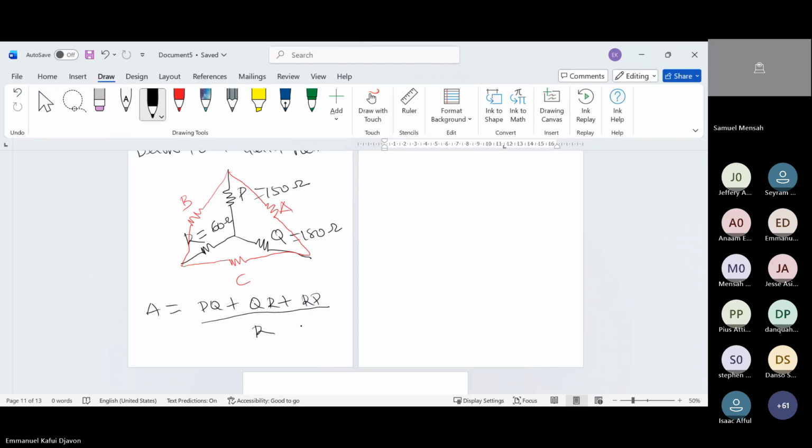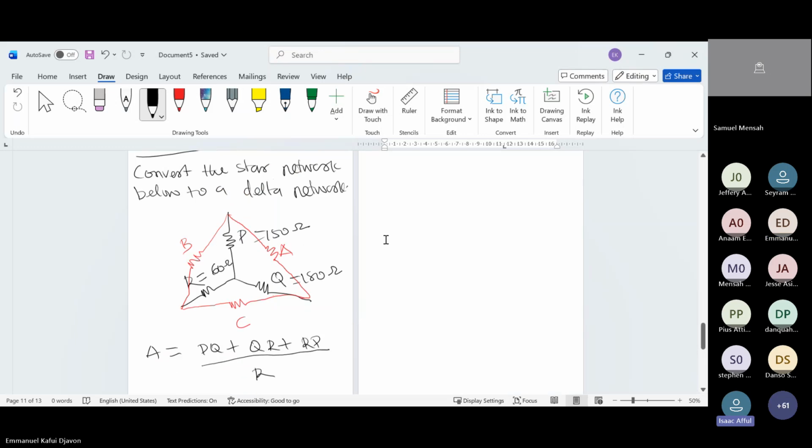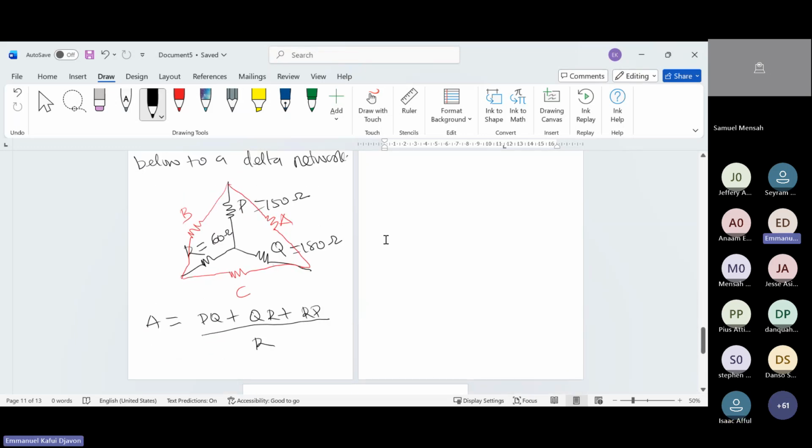Yes. Then you can choose to write for the other ones, or when you get this, you go and do the second one.